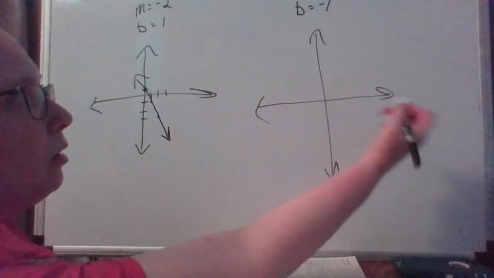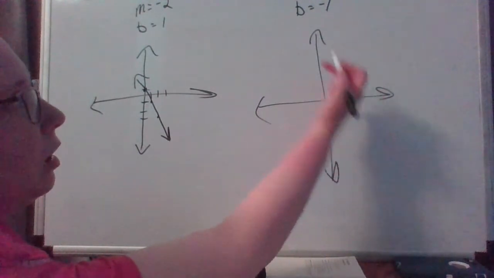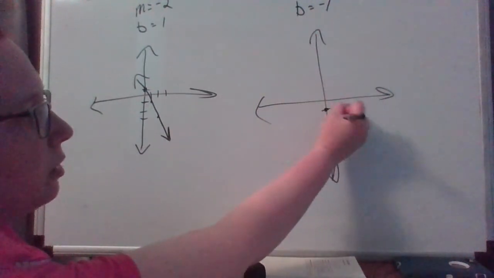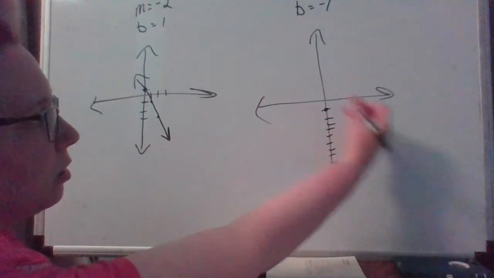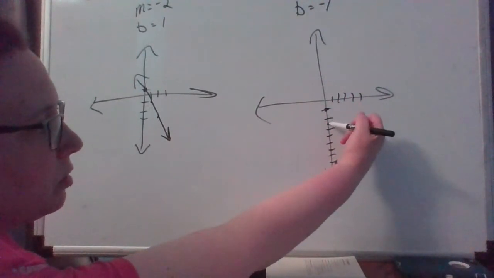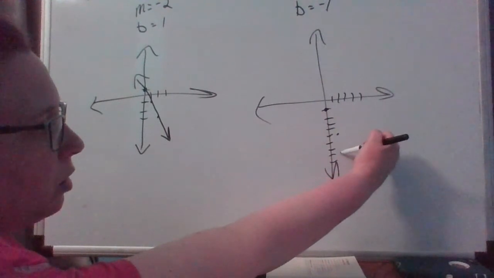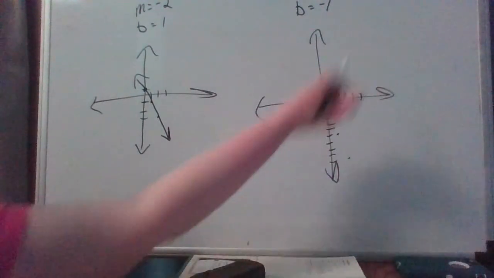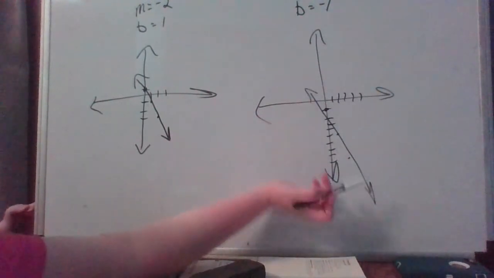Over here, our y-intercept is negative 1, so it'll be right here, and our slope is negative 4. So we are going to be going down 4, 1, 2, 3, 4, to the right 1, down 4, to the right 1. And here is our line, a nice steep line there.